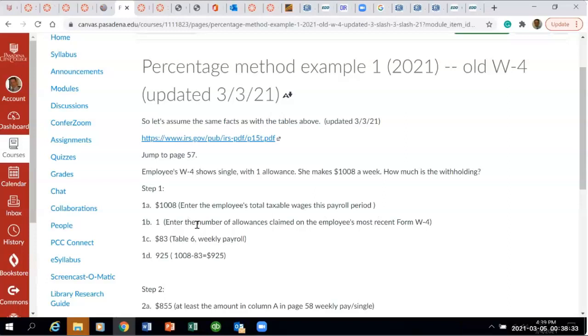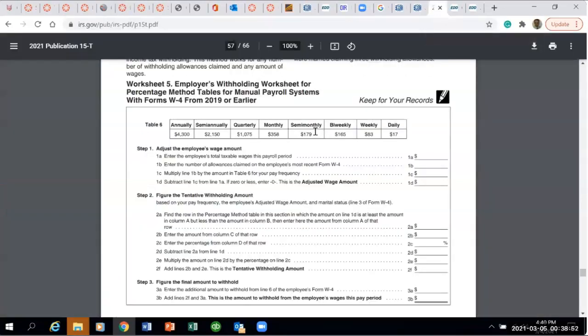Then it says enter the number of allowances in 1B. This is one allowance, so we enter 1. And this is weekly, right? A week here. So if you look at weekly, it says $83.